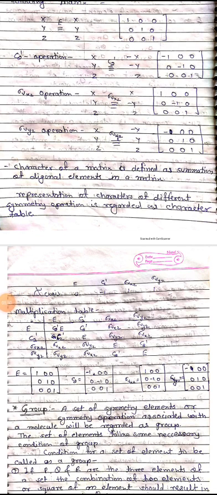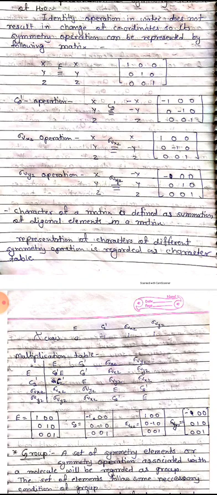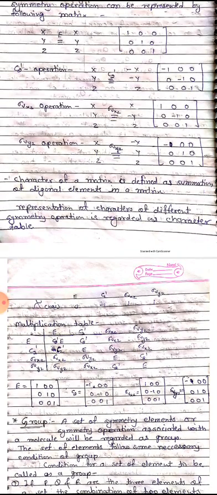As shown in this table, in identity operation you can see that summation of diagonal elements is 3. Therefore, chi, that is the character representation, for identity is 3.